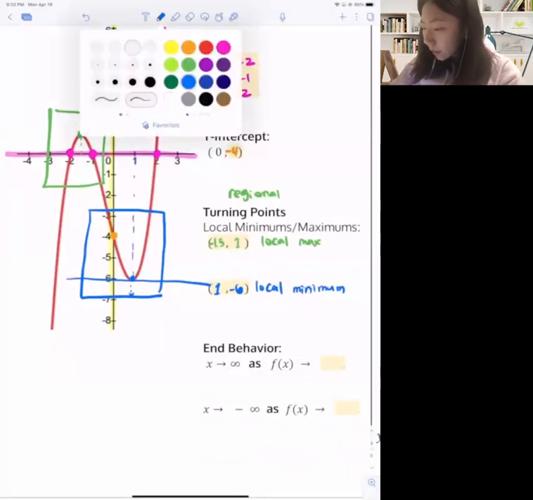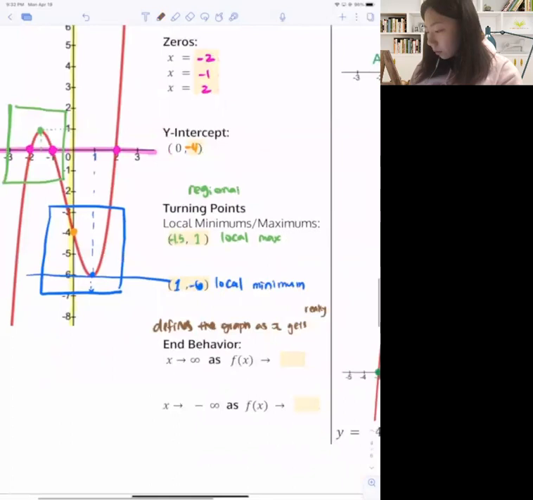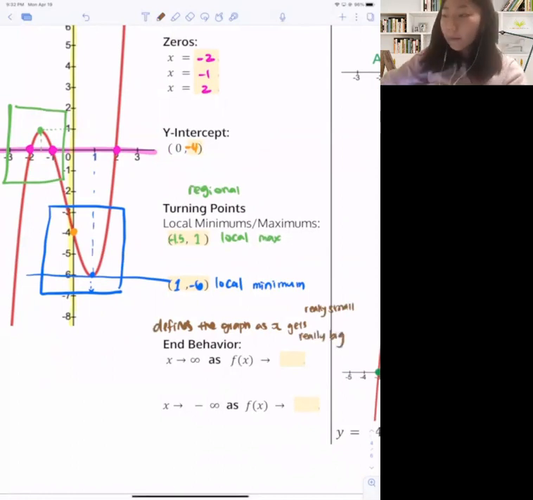Let's choose a color, let's use brown. End behavior defines the graph as x gets either really small or really big. We're going to see exactly what that means.